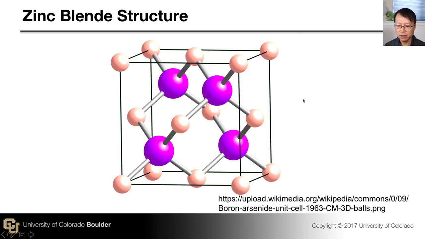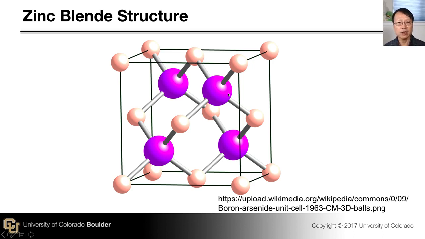So in this figure here, you can see that the atomic placements are identical to the diamond crystal structure shown in the previous slide, except that in this case, you now have a two-atom basis made of two different atoms. So they are shown as two different colors and two different sizes in this schematic. This smaller atom is a gallium atom, for example, and this larger sphere is an arsenic atom.